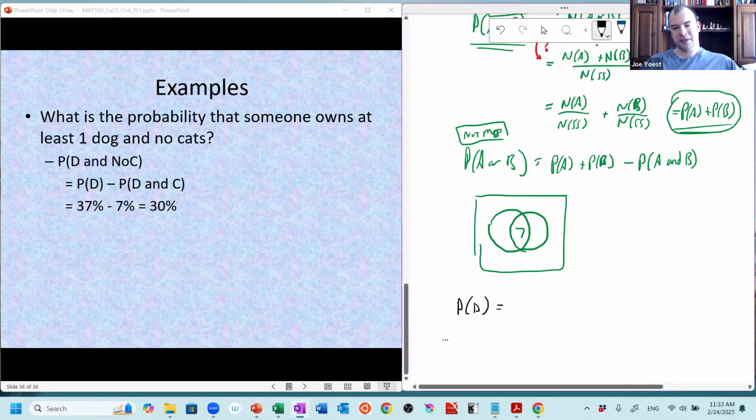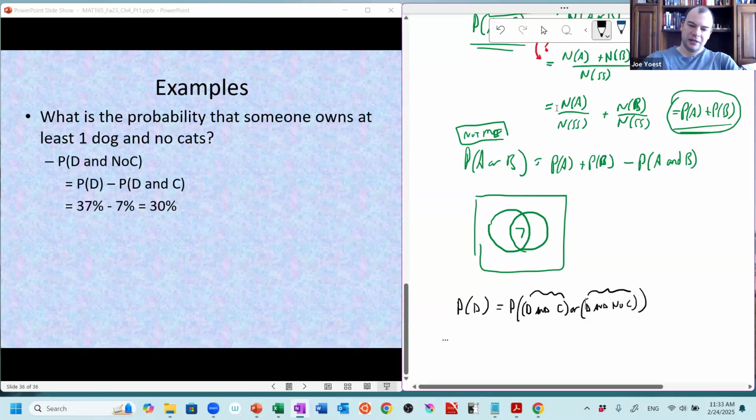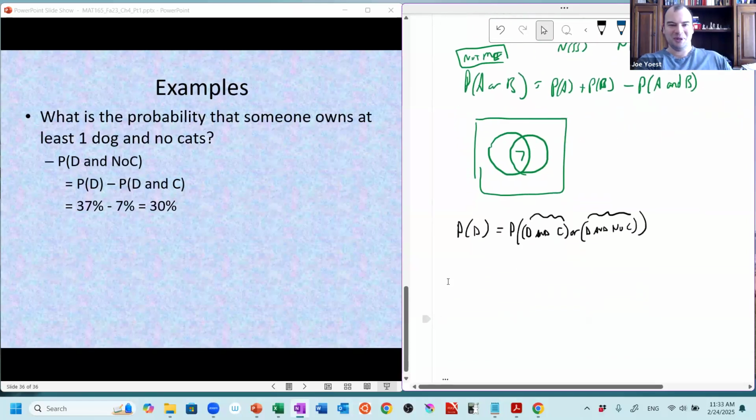Probability of dog is probability of dog and cat, or dog and no cat. These are mutually exclusive. You can't simultaneously own a cat and not own a cat unless you're Schrodinger. It's a corny physics joke, but you can't own a cat and own no cats.